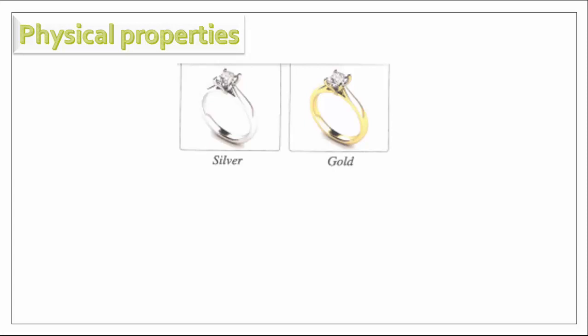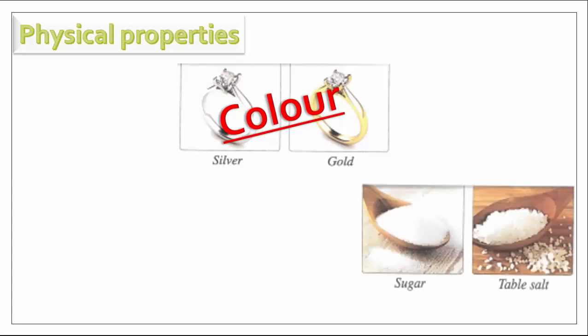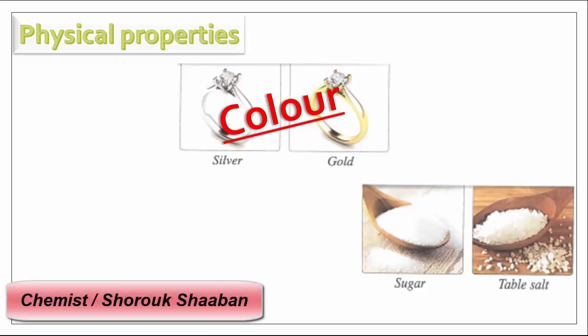So now you differentiate between the rings by what? Very good, by the color. And also look here for this example. Here I have sugar and I have salt. Now, can you differentiate between them by using color? Of course no, because both of them are white. So how can you differentiate between them?